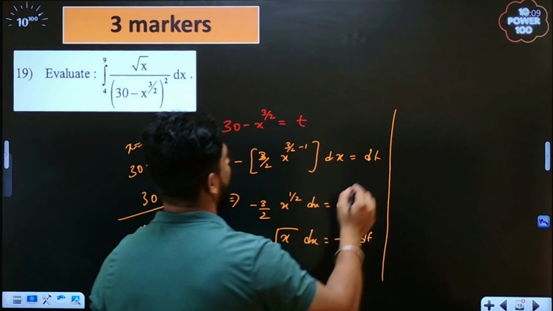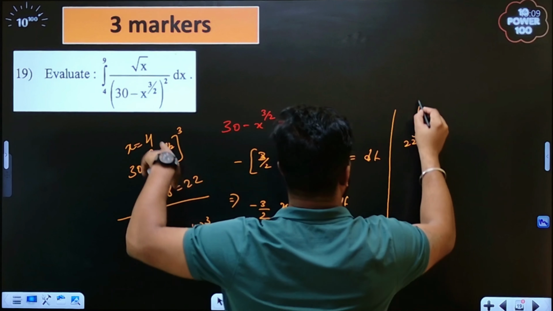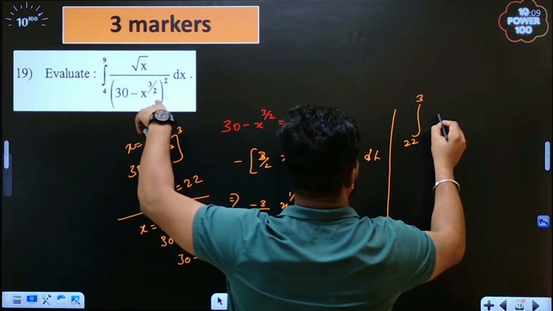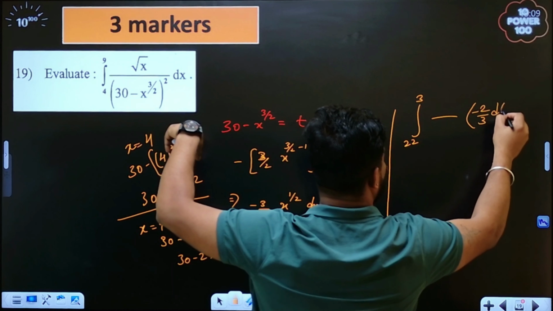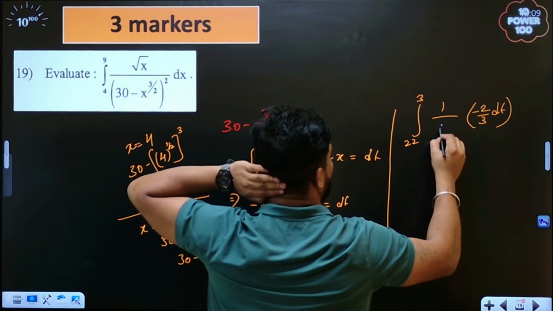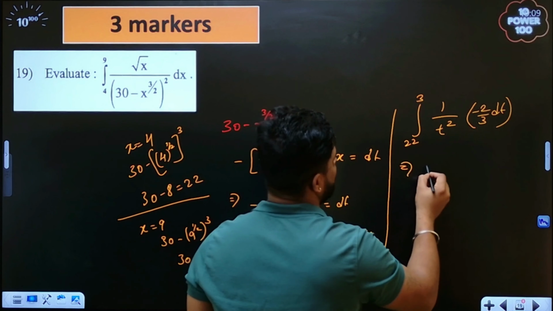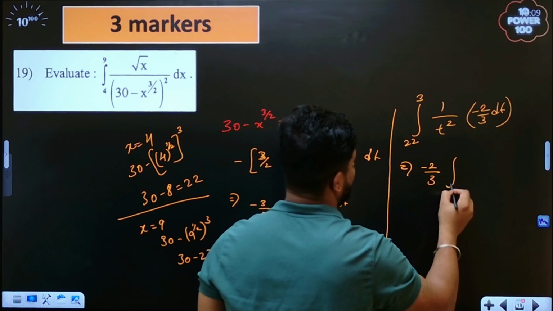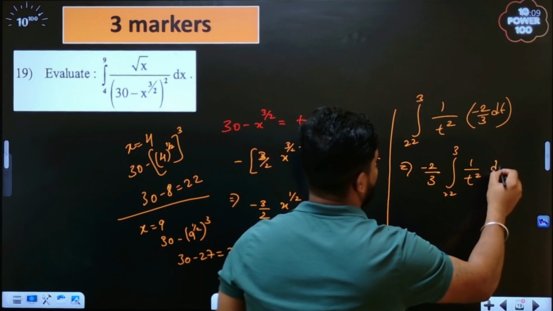So the limits are 22 to 3, and this is minus 2 by 3 dt. This becomes 1 by t square. So now let's solve a little bit. This becomes minus 2 by 3 integration from 22 to 3 of 1 by t square dt.